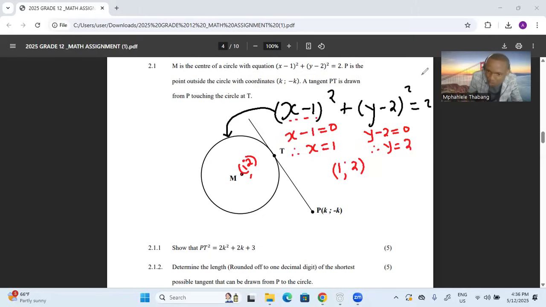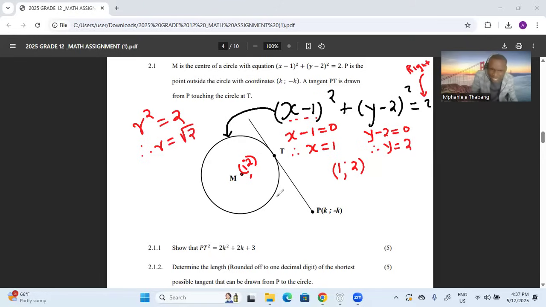We are going to focus on this number on the right side, which is 2. This number on the right side is not your radius. It's actually your r squared. So you're going to say r squared equals 2. Therefore, r is the square root of 2. So the radius is the square root of 2.